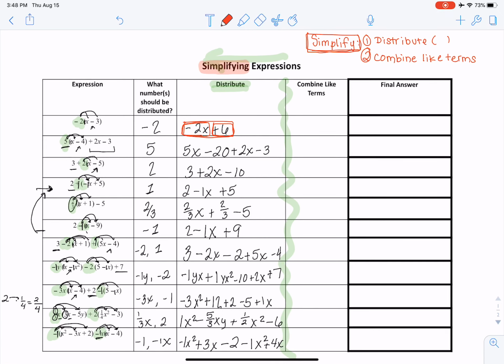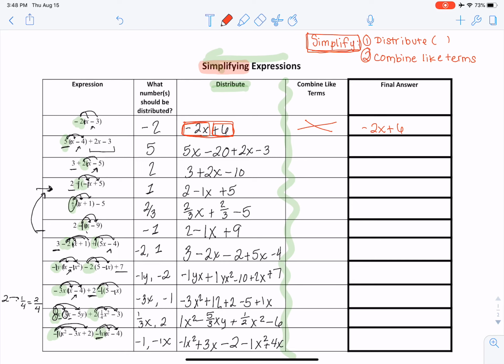Remember how we talked about terms are separated by plus and minus signs? Negative 2x and plus 6 are not like terms because they don't have the same variable. So this question has no like terms, and there's nothing else I can do. So negative 2x plus 6 is my answer. So in that particular question, when you were asked to simplify, the only thing you could do is distribute.